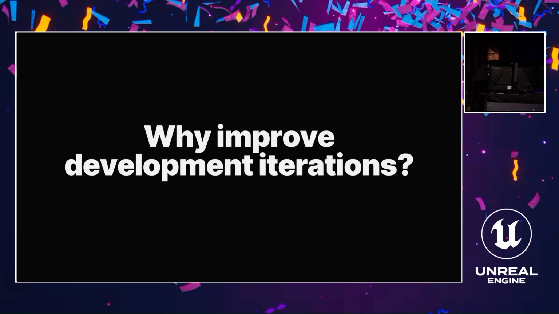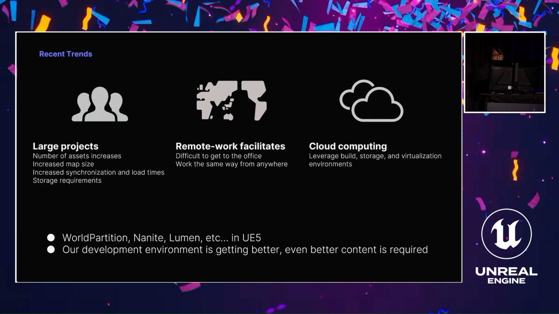Well, I'll be sharing with you the background of why we need to improve the iteration in UE5. The game industry is changing significantly compared to a few years ago, and the game development environment is gradually changing. In recent years, console and mobile devices have become more sophisticated, and our projects have become more extensive.